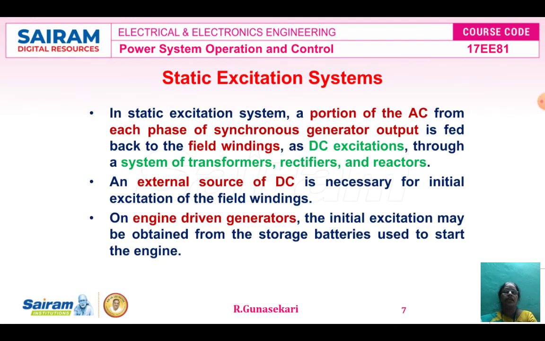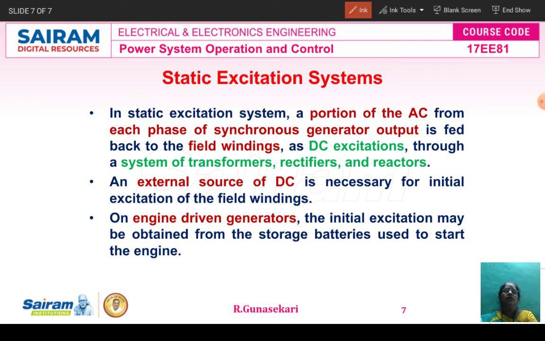The last type of excitation system is the static excitation system. In the static excitation system, a portion of AC from each phase of the synchronous generator output is fed back to the field winding of the generator.